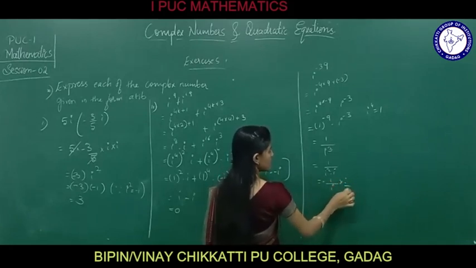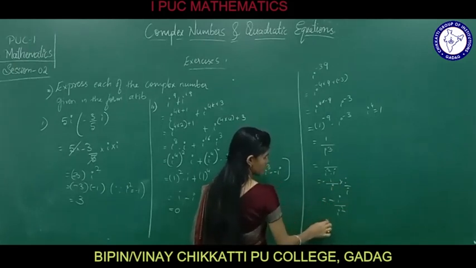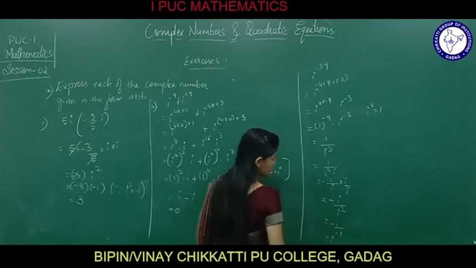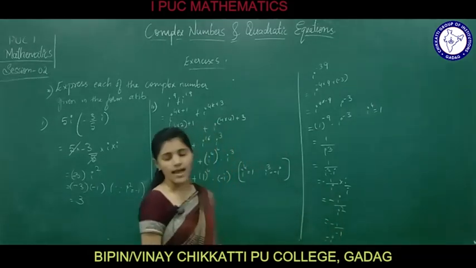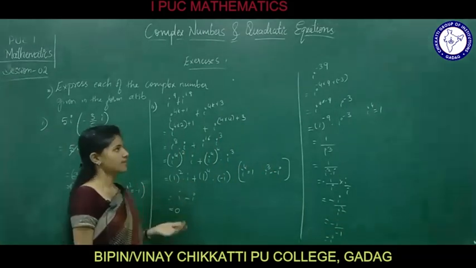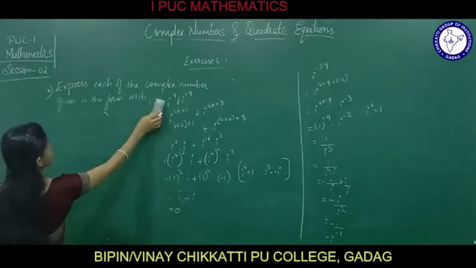Multiply and divide by i, we get minus i by i square, nothing but minus i by minus 1, whose value is i. So i raised to minus 39, we got the value as i. Let us solve some more problems.